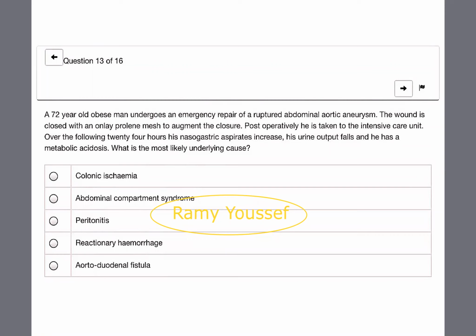What's the most likely underlying cause? Chronic ischemia, abdominal compartment syndrome, peritonitis, reactionary hemorrhage, or aortoduodenal fistula. I'll go with abdominal compartment syndrome. B.